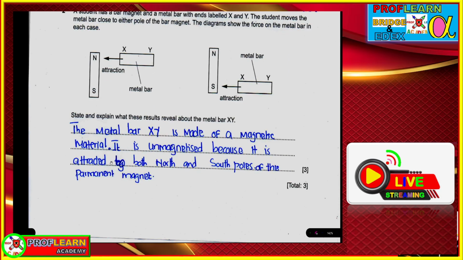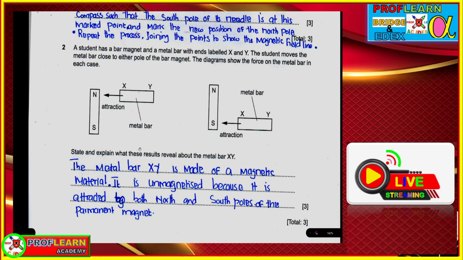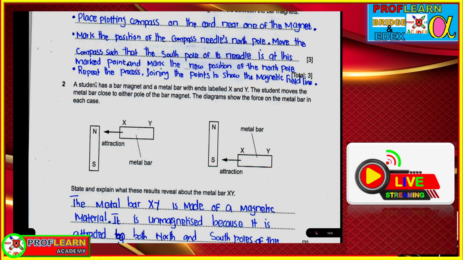The next part, we are supposed to explain and state the results. A student has a bar magnet and a metal bar, and this metal bar has the ends X and Y. We are supposed to state something about this metal XY. You realize when it's placed next to the north pole it is attracted. When it's placed at the south pole, it's also attracted.